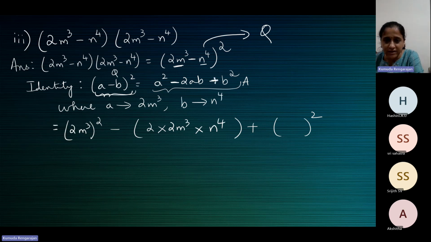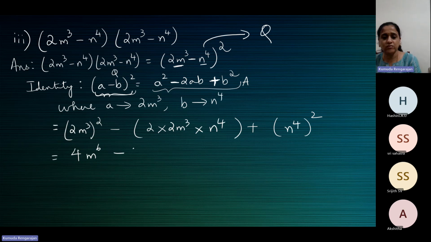Then from the identity, plus B squared, B is this one squared. Now simplify this. 2m cubed into 2m cubed: 2 twos are 4, m cubed into m cubed is m to the power 6.